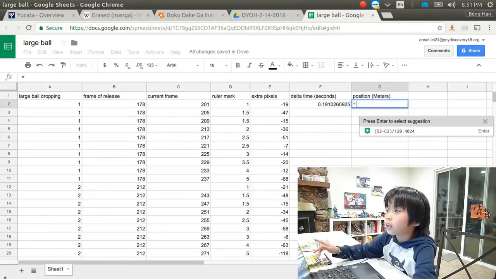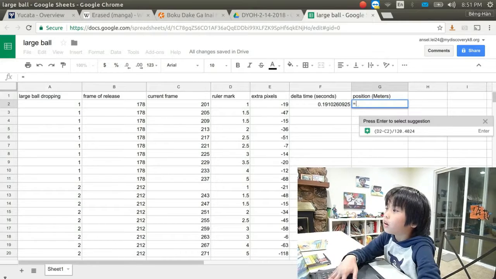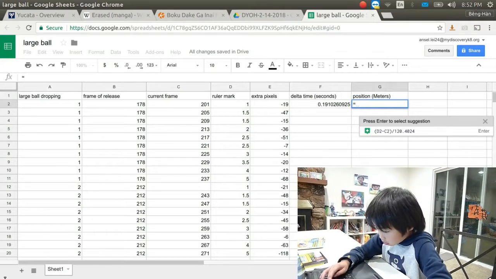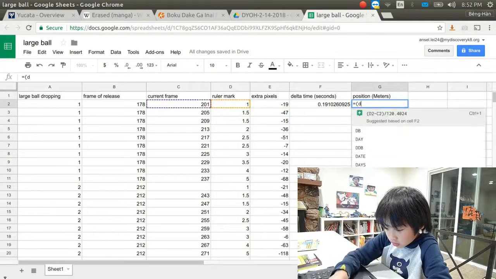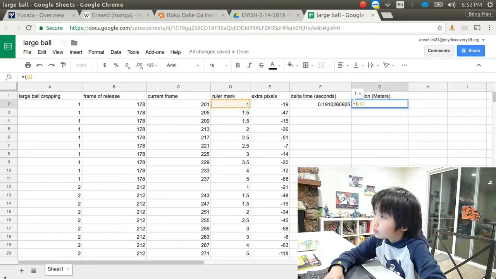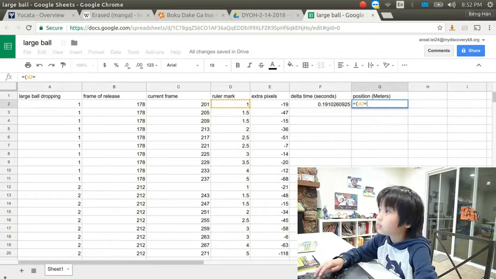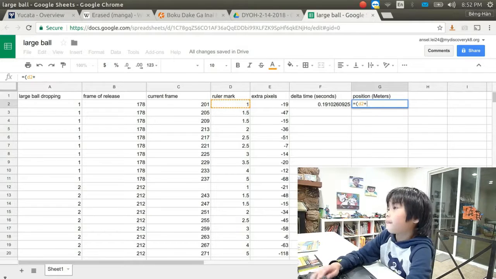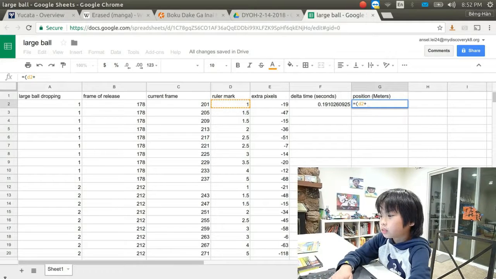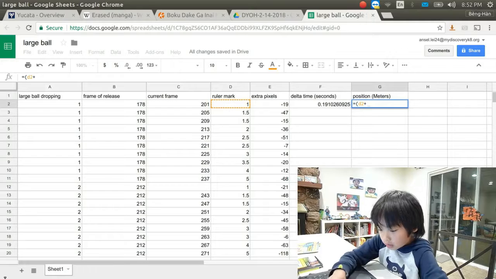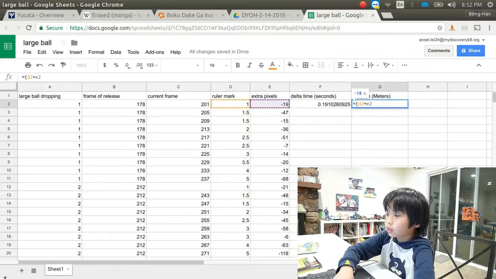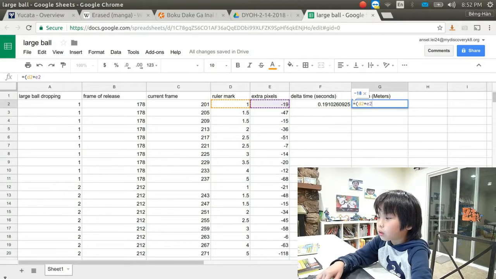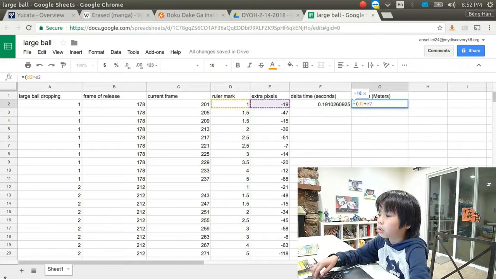So in the parentheses we want D2 plus E2, which is the ruler mark plus the extra pixels.